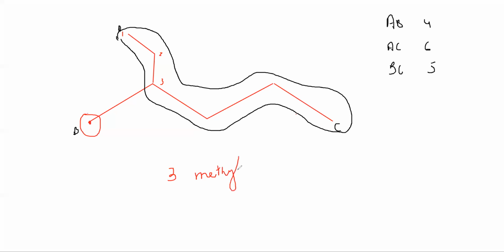So it is 3-methyl. 1, 2, 3, 4, 5, 6. For 6, it is hex and single bond, ane. So this compound is 3-methylhexane. Is it clear? This is the structure, 3-methylhexane.